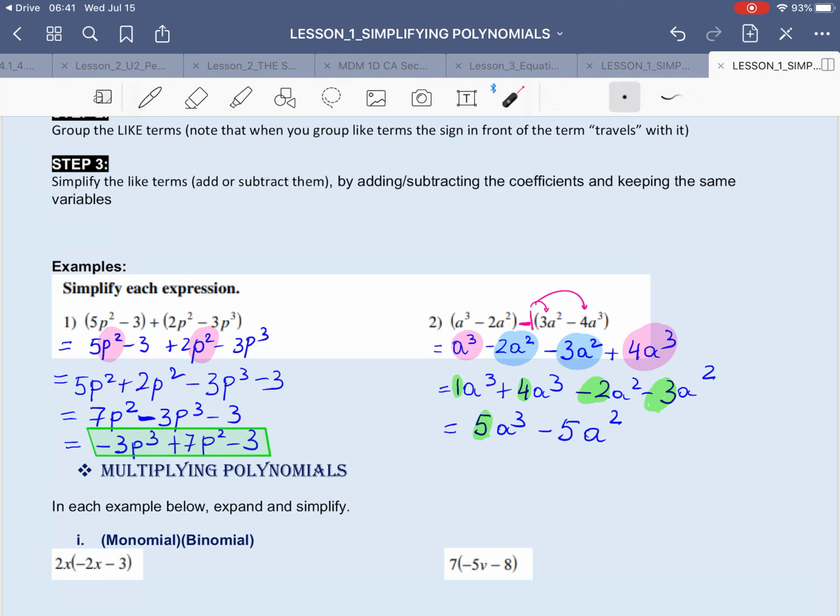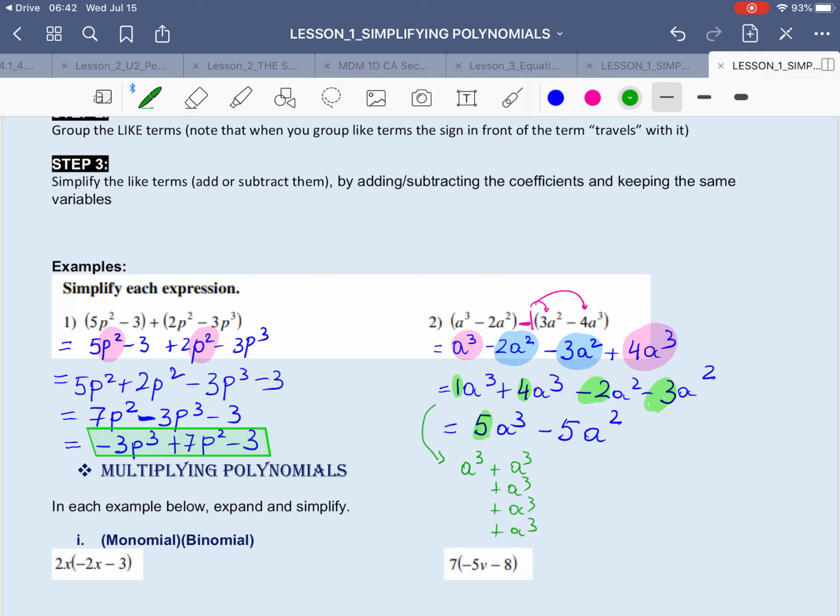A common mistake people make is whenever they add like terms, they change the exponents. To help you not make this mistake, I'll bring you an example. When we are adding 1a cubed to 4a cubed, it means that you have 1a cubed, and I'm going to call this green a cubed positive, and you are adding 4a cubed, so you're adding an a cubed and another a cubed and another a cubed and another one.